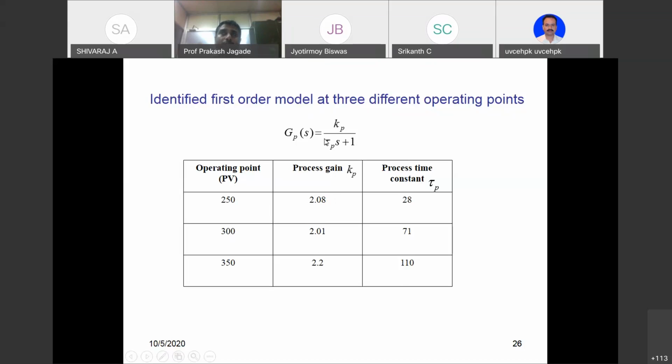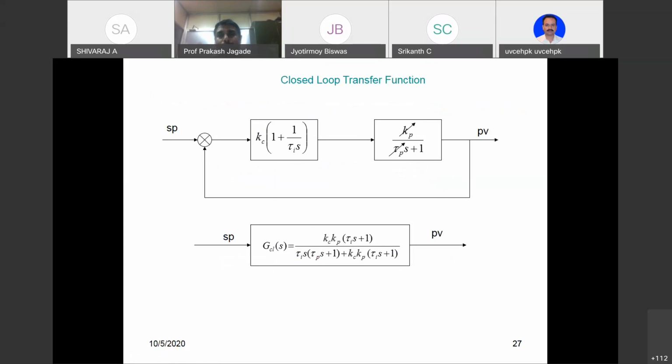Then only will you get satisfactory performance. Kp is not changing that significantly, whereas tau p is drastically changing. So accordingly you have to modify your Kc and tau I.